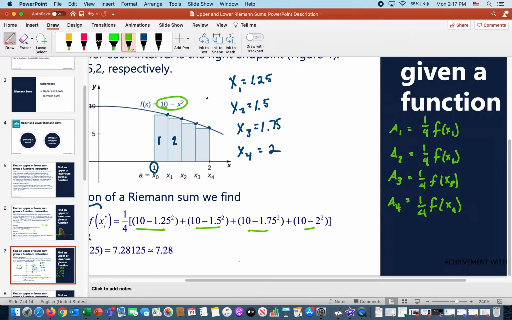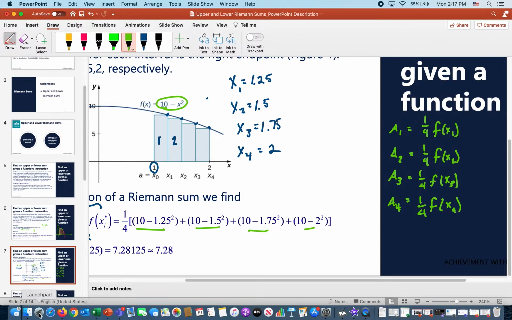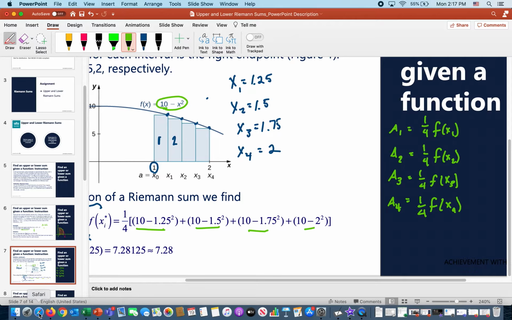So if I plug in 1.25 and square it, subtract from 10, we can use our calculator to do that. Give me just a moment. I'm pulling mine up here, and you can follow me through these calculations. So 1.25 squared gives me 1.5625. I'm going to subtract that from 10, and I get 8.4375.